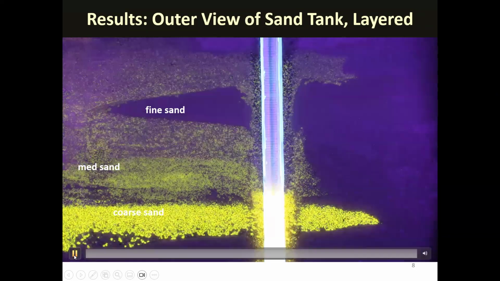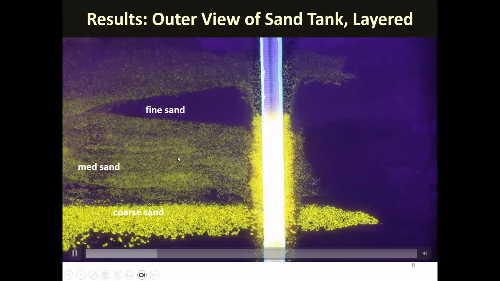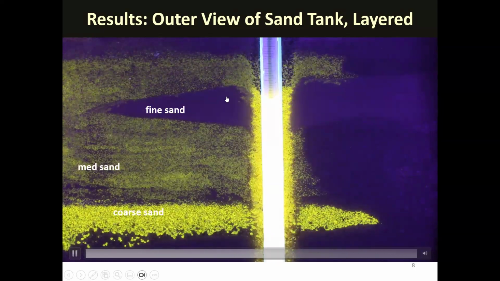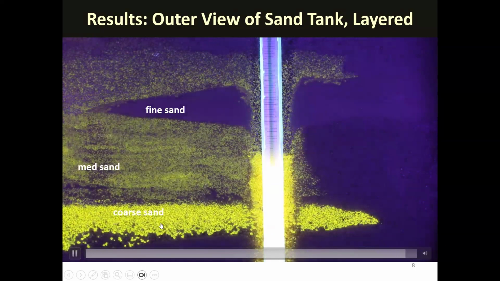I'm going to play this again because you will see now how this contaminant is trying to go up. It does it with some success in the medium sand, but definitely in the fine sand, it cannot penetrate it. So this fine sand is acting as a confining layer, and it's forcing this contaminant under pressure now to shoot through the monitoring well.